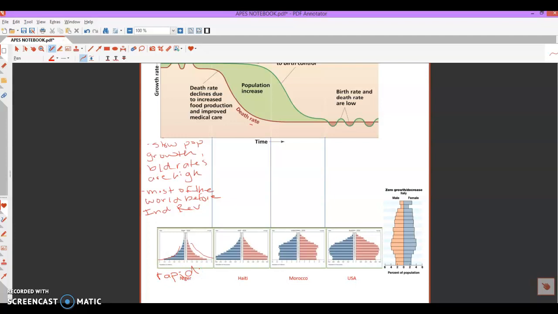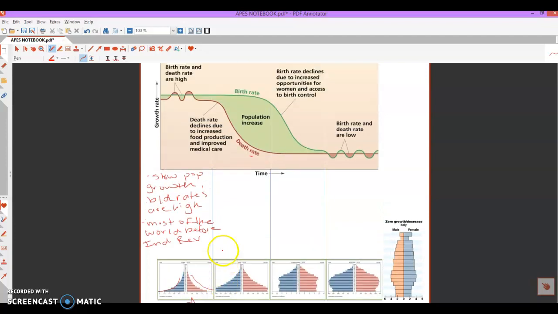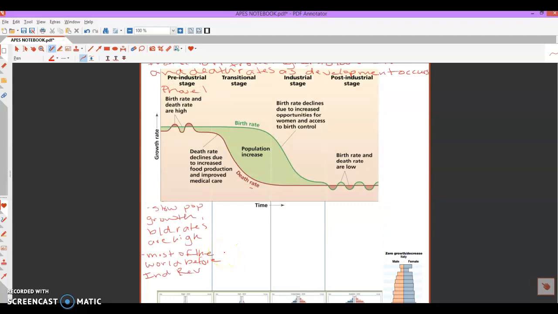Okay? Now, when we transition into the next phase, so the next phase is the transitional phase, also called phase 2. We see a big shift happen here. We see the birth rate is staying pretty constant, but our death rate has dropped.